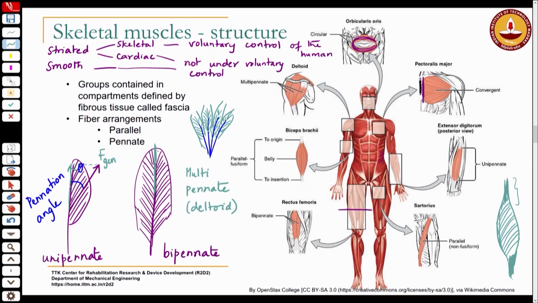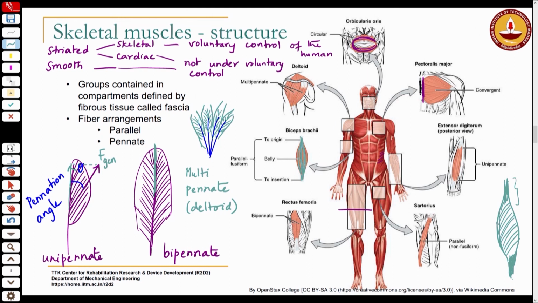This is the diagram for the parallel fusiform. Which one? This one, green color. This one? No. This is not the diagram for the parallel fusiform. That is a good question. The difference between the parallel fusiform and this, the unipennate: in the parallel fusiform, the fibers are all parallel to that. The fibers are like this.